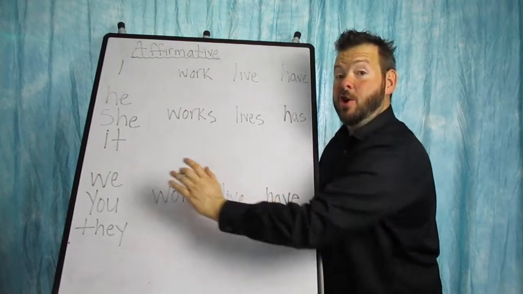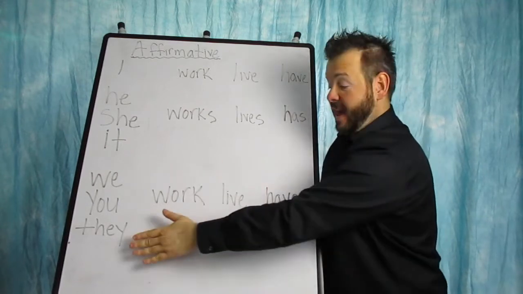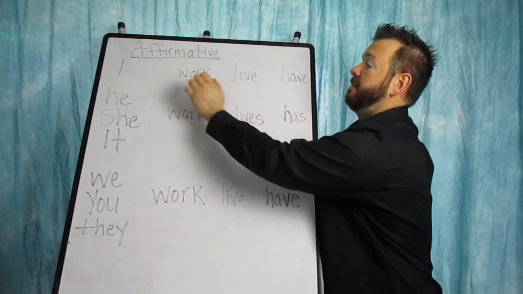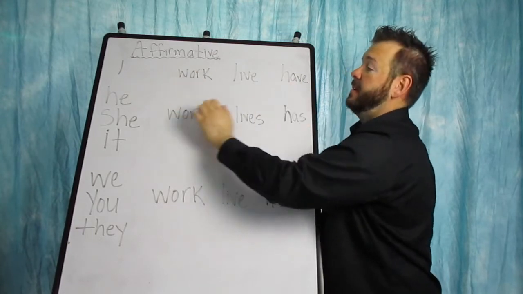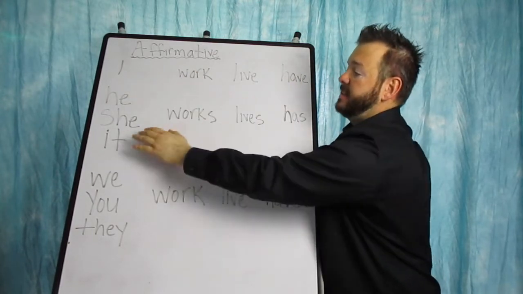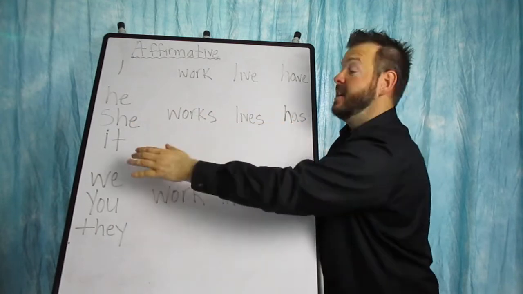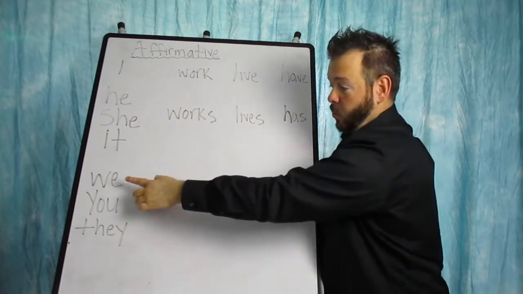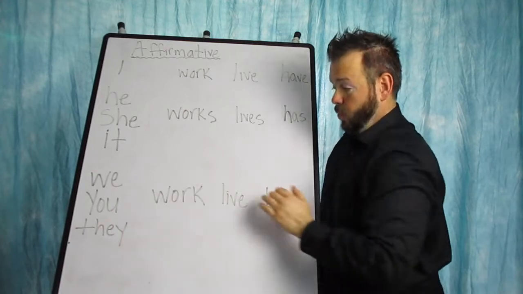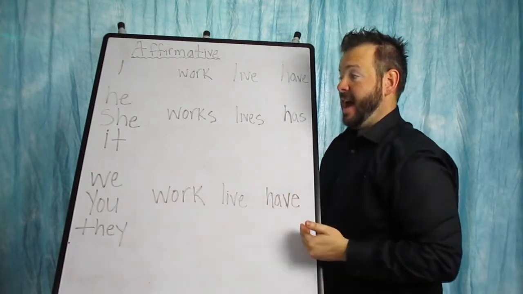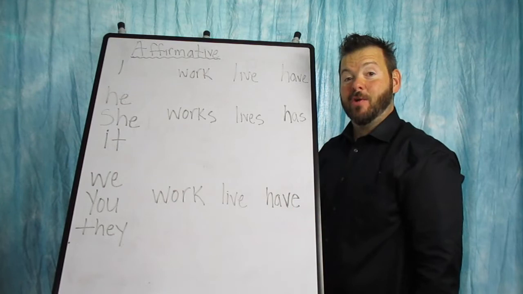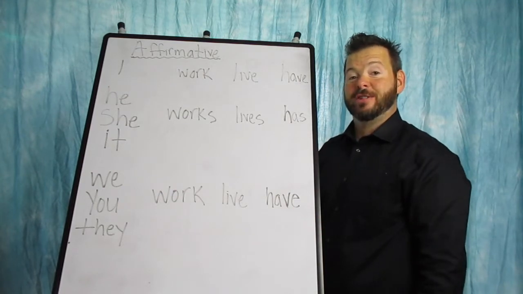We live, you live, they live. And have. I have, he has, she has, it has. We have, you have, they have. Pause the video, write everything down, and read it to yourself.